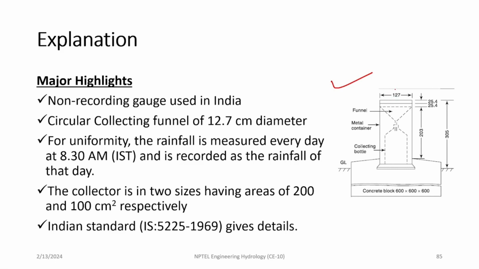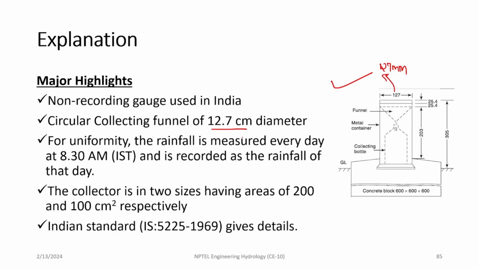Now it is having a dia of, these all entire units, they are in mm. Okay, so this is 127 mm. So the diameter of this collecting bottle that has been asked, it is having 127 mm of dia.